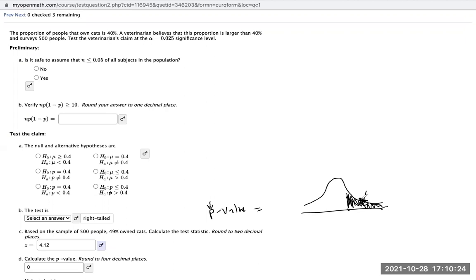Those were all p-values. When we found the likelihood of getting a sample greater than 49 or something like that, those were all p-values. The p-value is the area under the curve, the probability of getting a sample like that if this null hypothesis is in fact true.